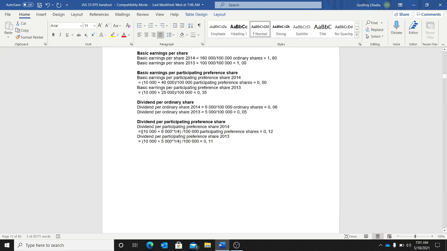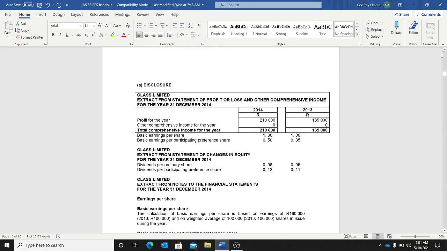So you'll see, it's 10 plus a quarter of 6,000, 10 plus a quarter of 5,000. Then divided by the number of participating preference shares, it gives us that 0.12 and 0.11. Then you disclose them here.